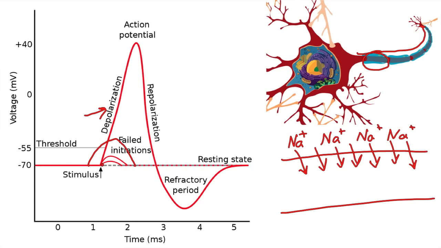The membrane potential goes up and up and up, and it's trying to reach the Donnan equilibrium for sodium ions. And that equilibrium potential is somewhere around 58 millivolts.